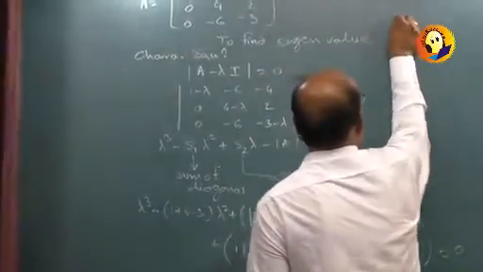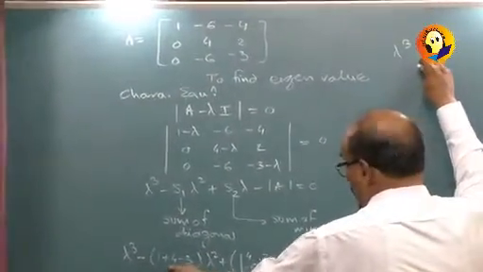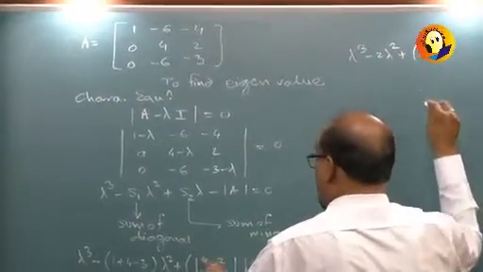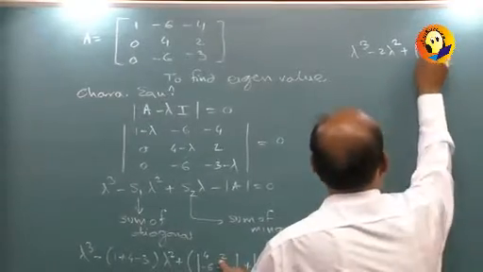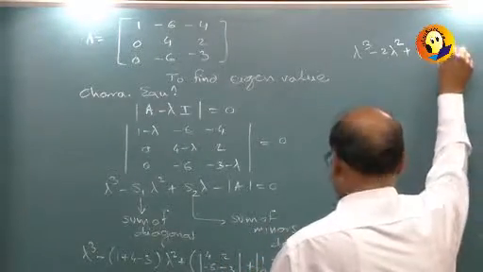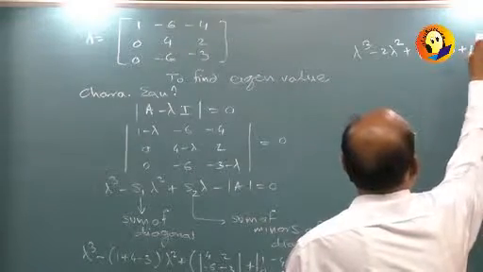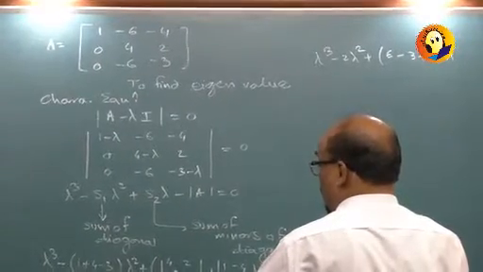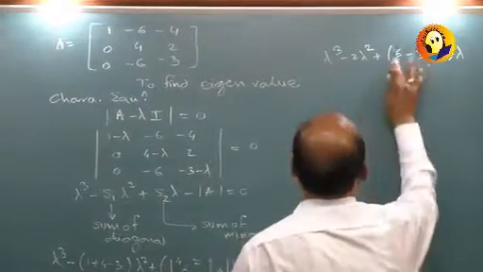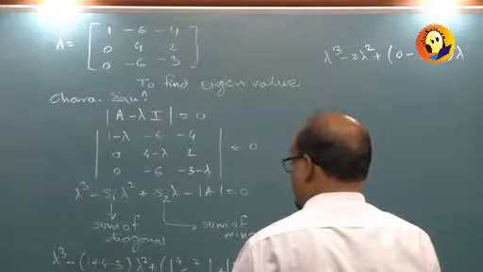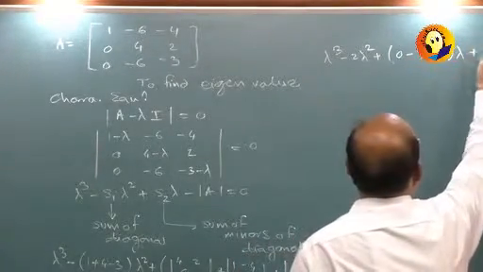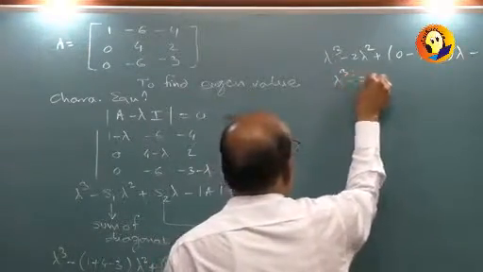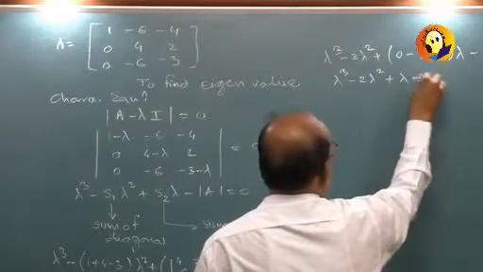So this will reduce to lambda cube minus 2 lambda square plus into bracket, this is minus 12 plus 18, so 6, this is minus 3, and this is plus 4, lambda, and mod will come out to be minus 12 plus 12, 0, minus 0 equal to 0. So we get lambda cube minus 2 lambda square plus lambda equal to 0.